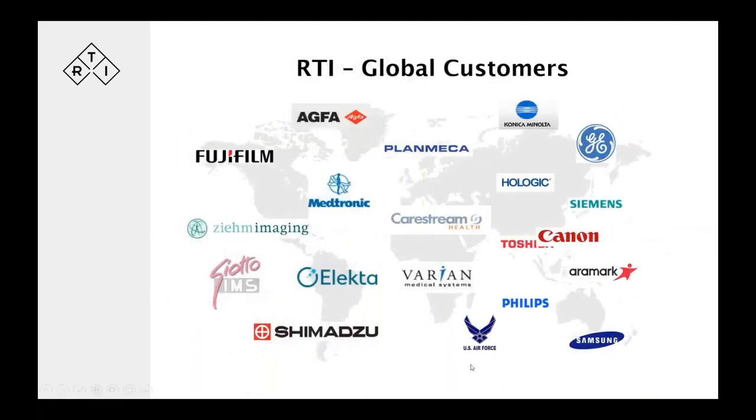Over the years, we've maintained and built relations with many global customers and known names, where we help them both on their R&D side as well as on their field service side with instruments and solutions for their preventive maintenance and service crew and work out in the field.